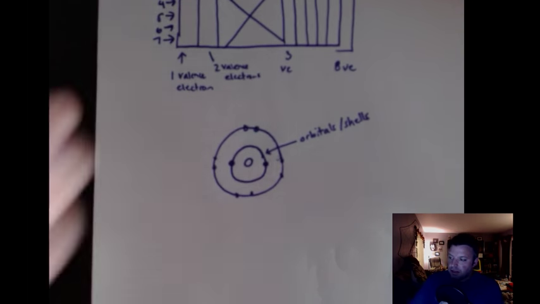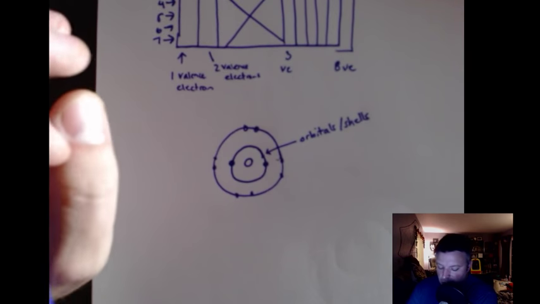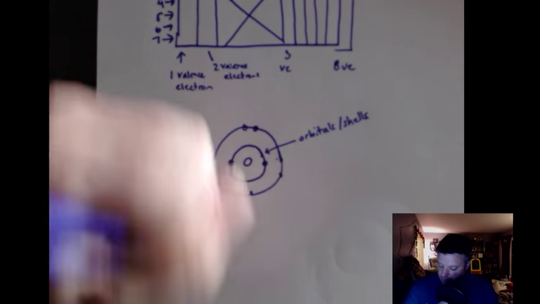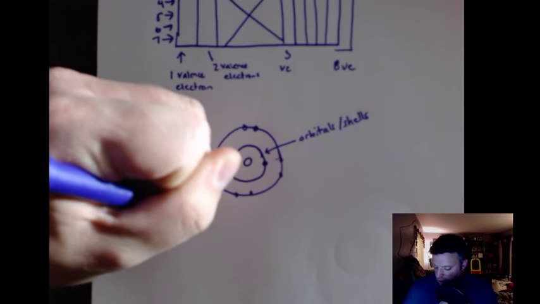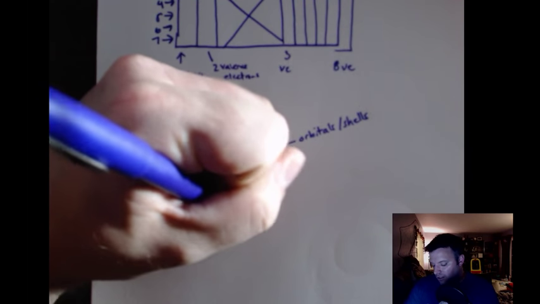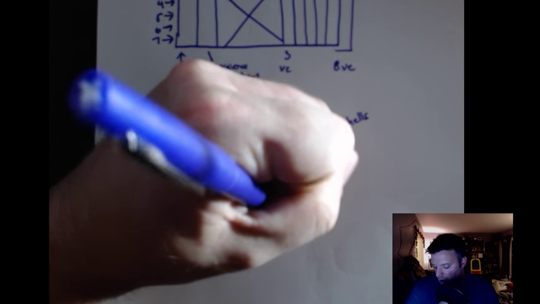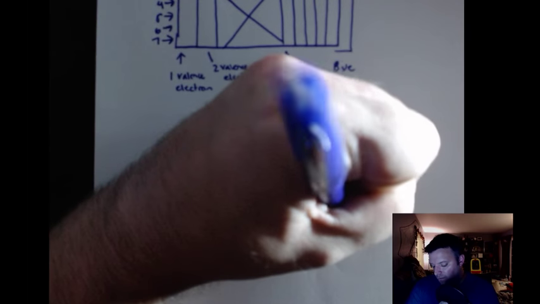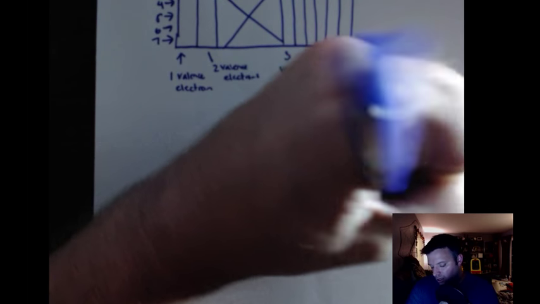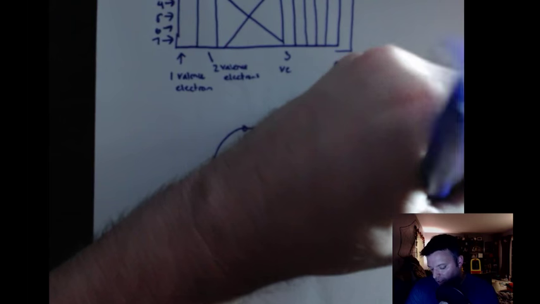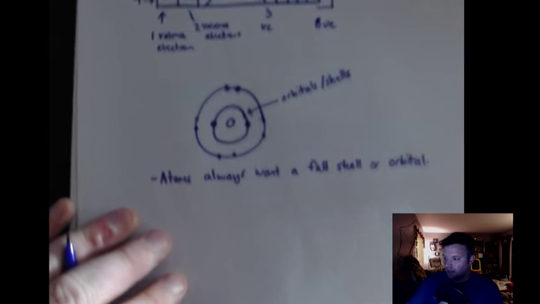All right, now here is a rule that you always need to follow, is that atoms always want a full shell or orbital. Okay?